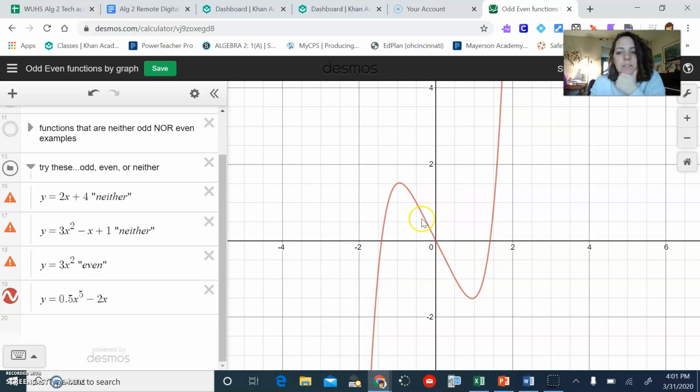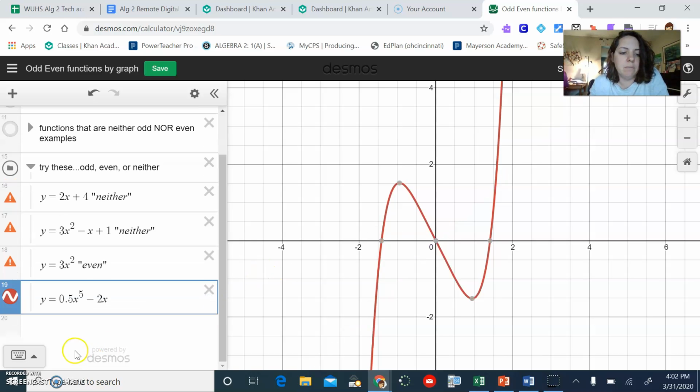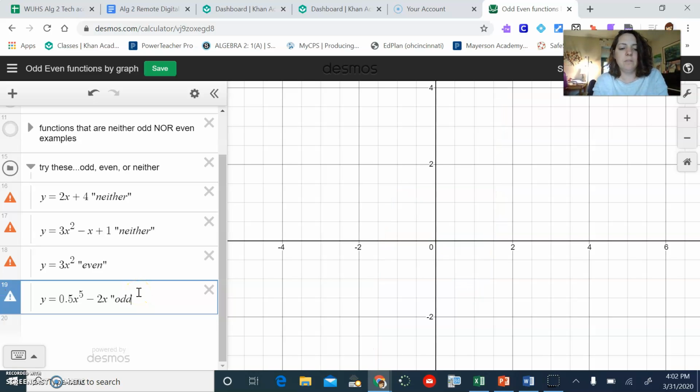Another way to think about it is if it's reflected over the y equals x line, but that's another story. Let me see if I can show you what I mean by that. Oh, that's not true. My bad. I'll have to erase that. All right. What do you guys think? This one is odd.